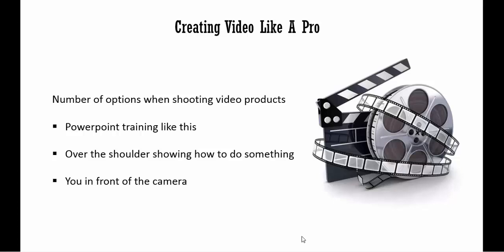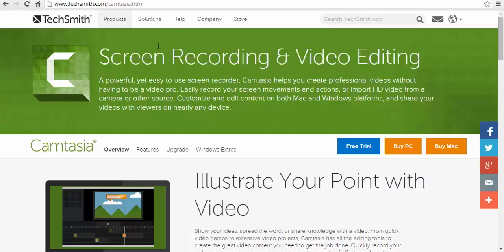So you are going to need some software if you are going down the route of creating videos. There are two options as far as I am concerned. The first option is a paid option, and it's Camtasia, and you can see I'm on the Camtasia screen here. It's by a company called TechSmith, and the URL is techsmith.com/camtasia.html.